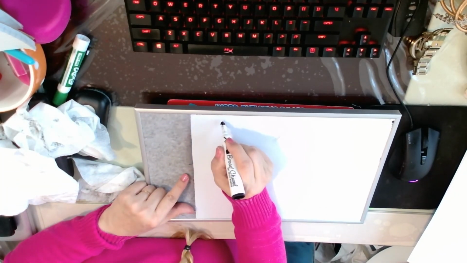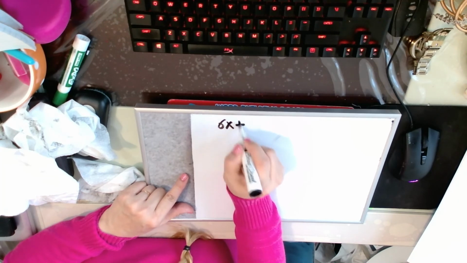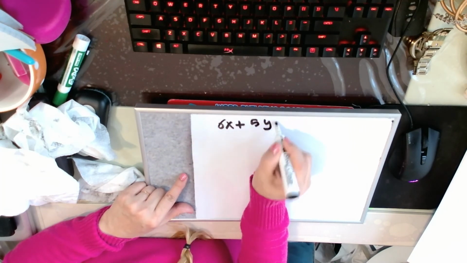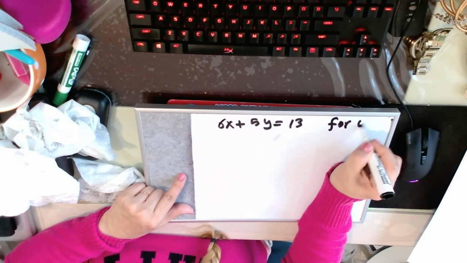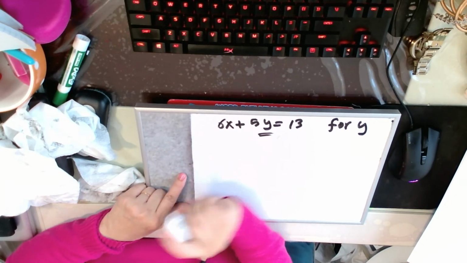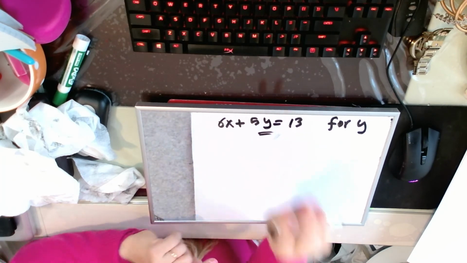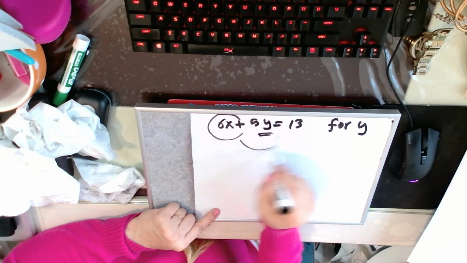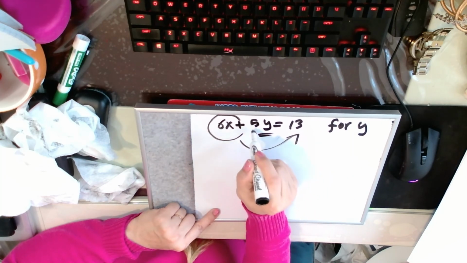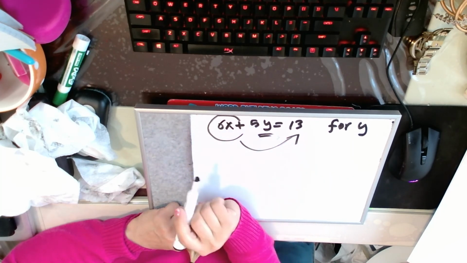For example, the formula is 6x plus 5y equals 13. Solve for y. Look at y here. So you need y on one side. So you need to move this term to the other side, and you need to get rid of 5.